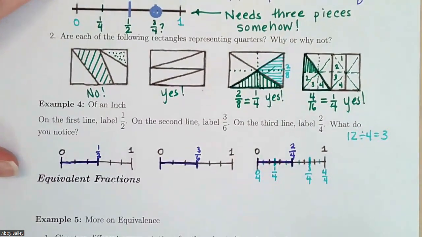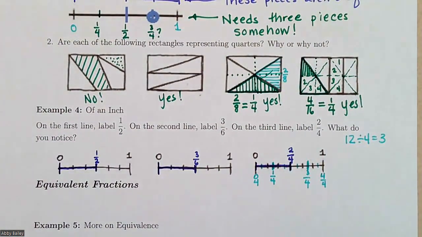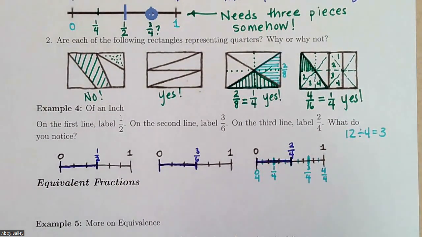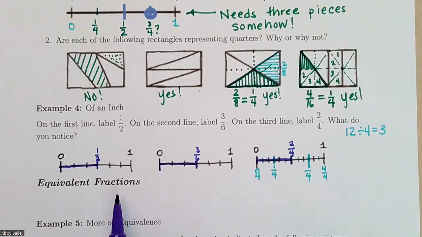Okay, so there's 2/4. What do you notice? Well, here's what I notice. I notice that each one of these is the same length, and that's because they come from the same whole. So when I think about equivalent fractions, I'm going to actually write my answer to this right here.